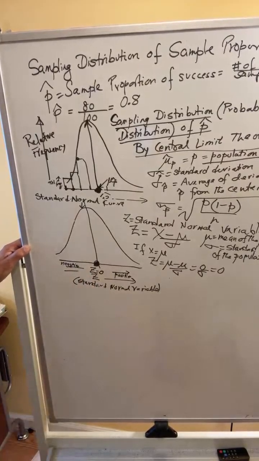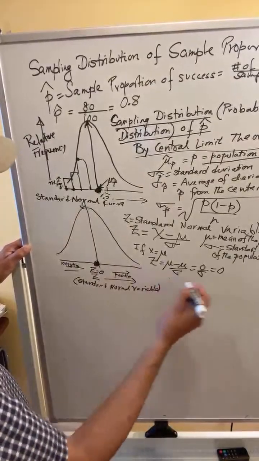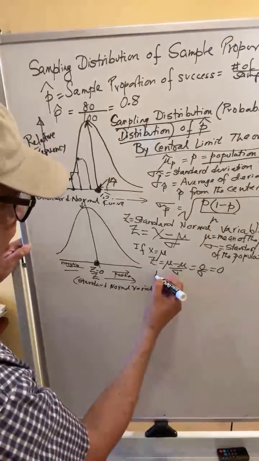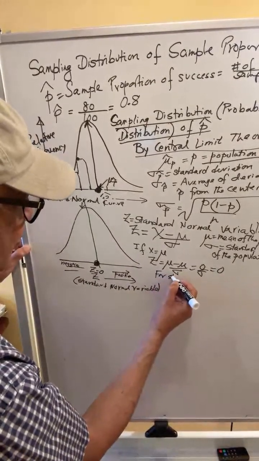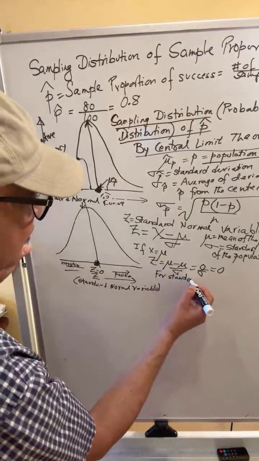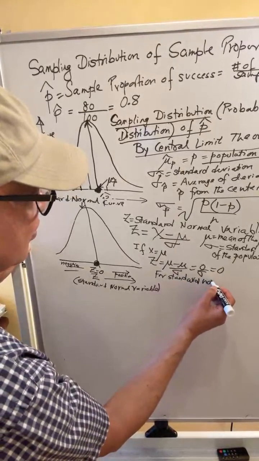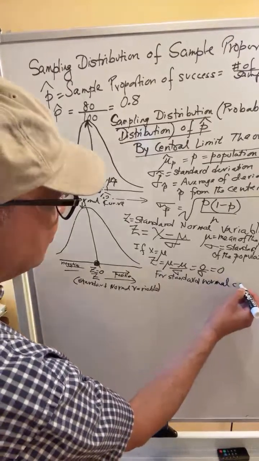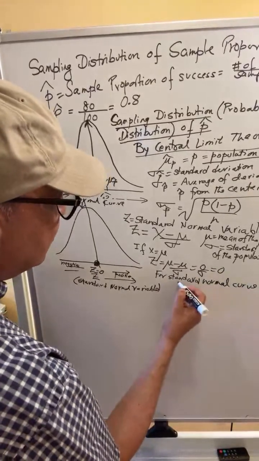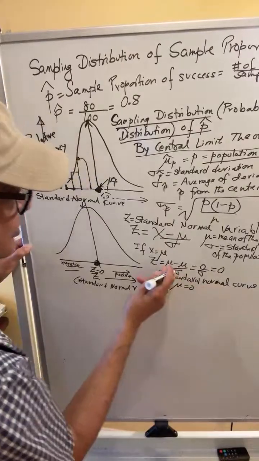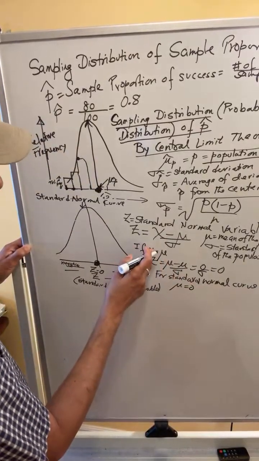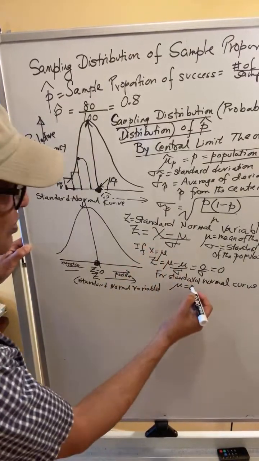So the mean is 0 for the standard normal curve, mu is equal to 0, as I just showed you by plugging in x equal to mu.